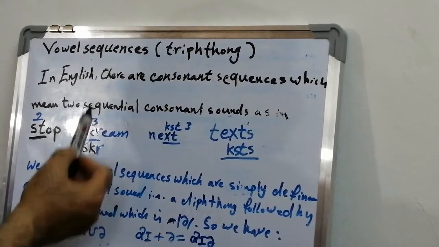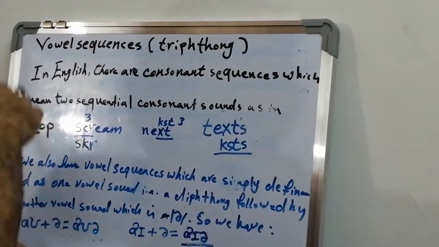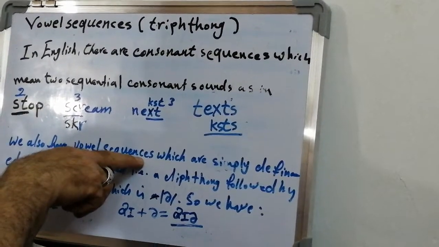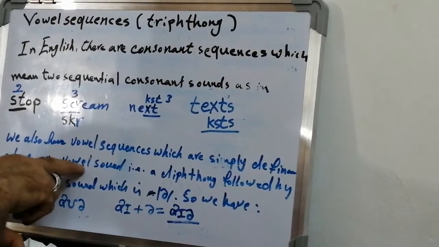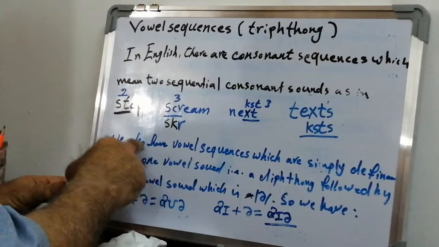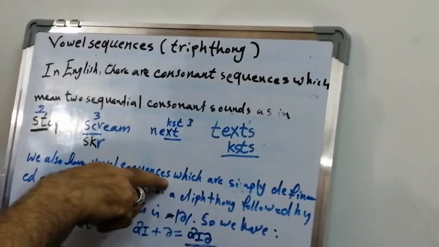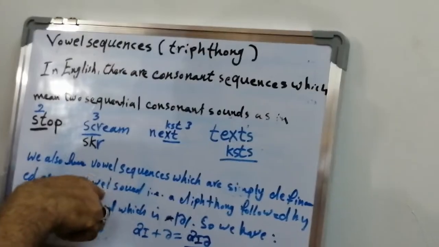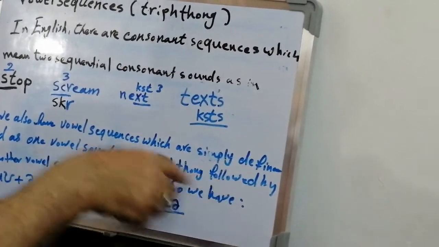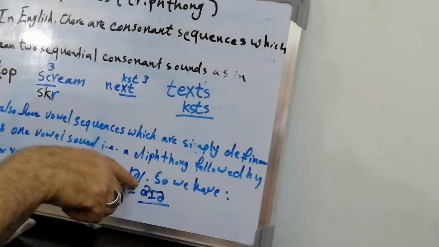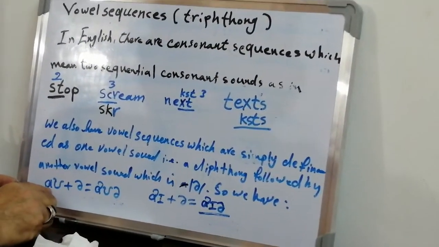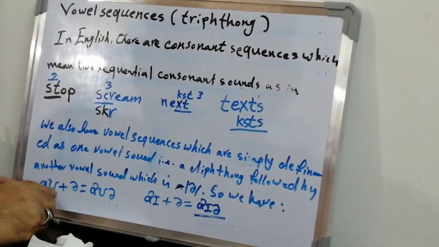Similar to this idea of a sequence of consonants, we also have vowel sequences, which are simply defined as one vowel sound, that is, a diphthong, followed by another vowel sound, which is usually a schwa. You remember this vowel sound, ow.